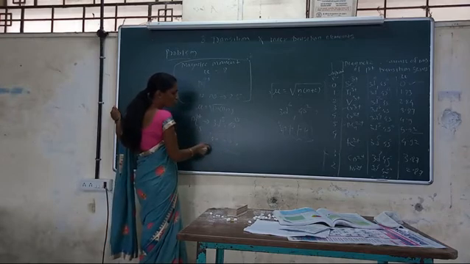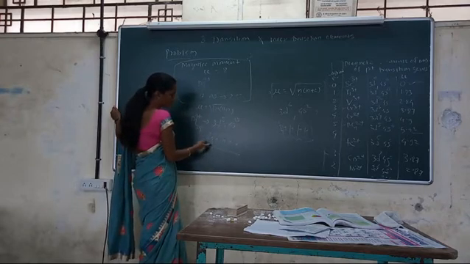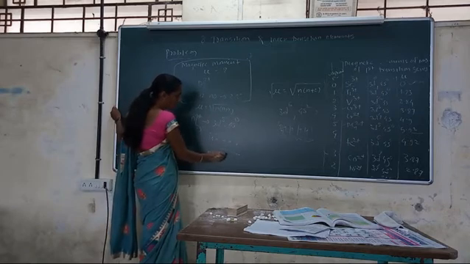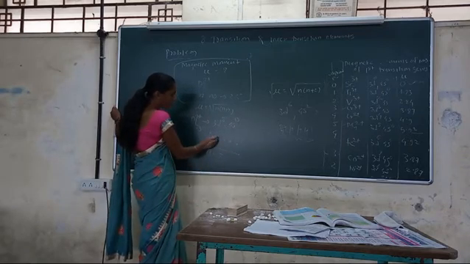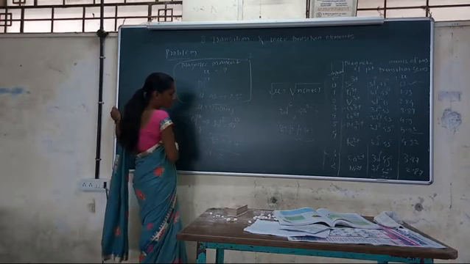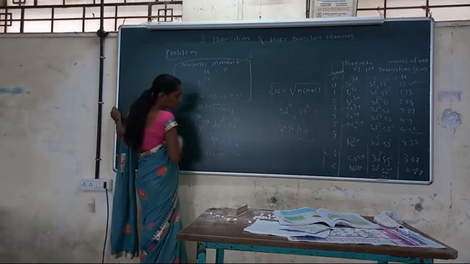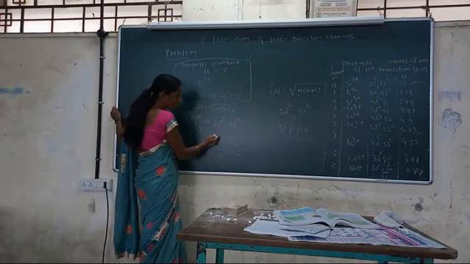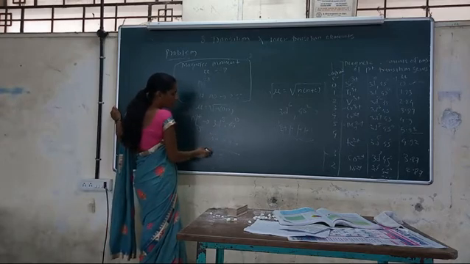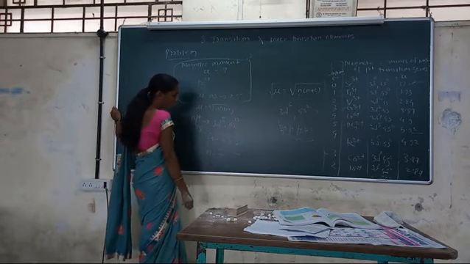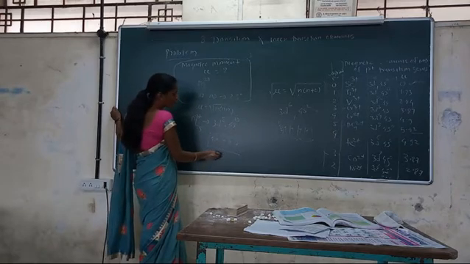All 5 electrons are unpaired, that is n is equal to 5. If there were 6 electrons, then only 4 electrons would be unpaired, n equal to 4. But here in the d orbital all electrons are unpaired, so n is equal to 5.